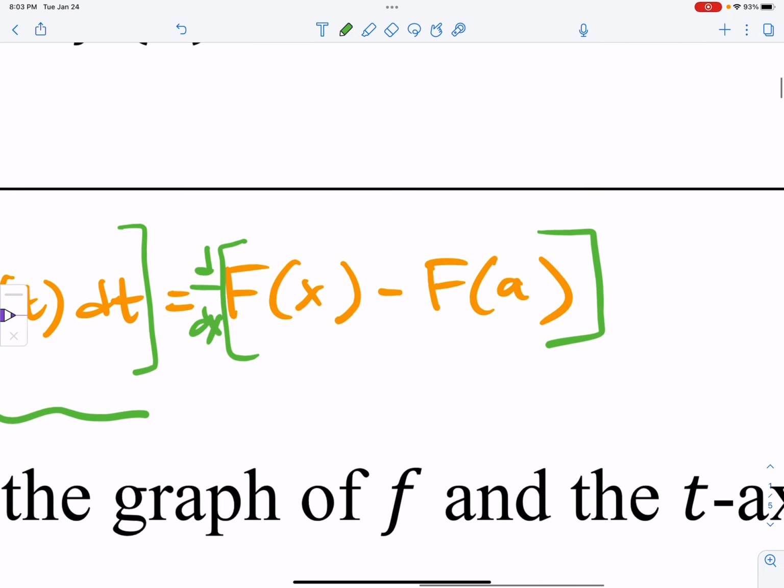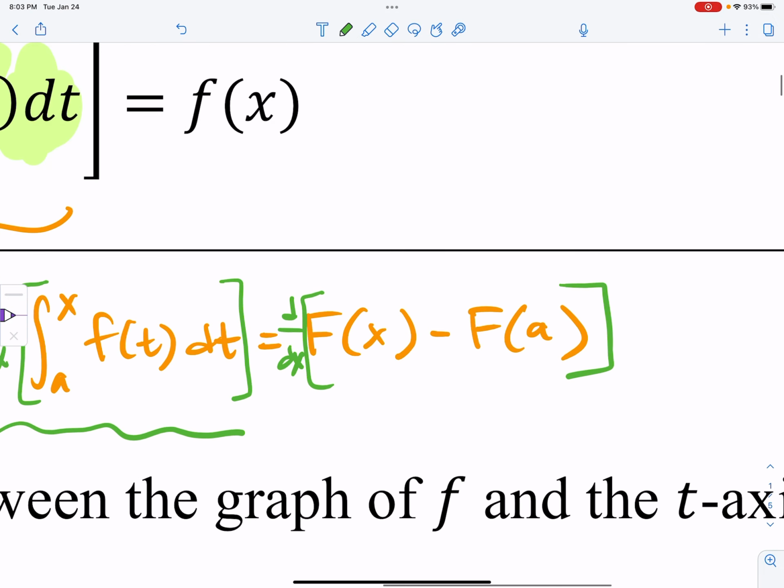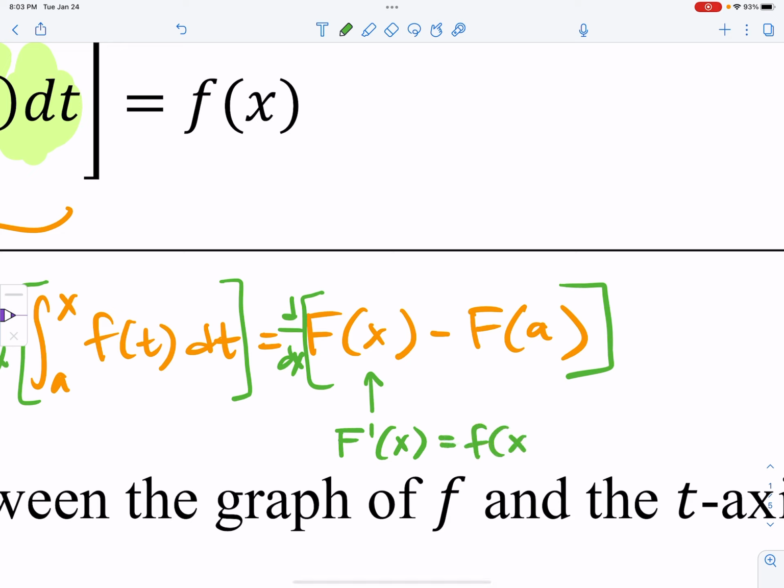But looking at the right-hand side closer, the derivative of capital F of x, since capital F of x is the antiderivative of lowercase f of x, would actually just be equal to lowercase f of x.